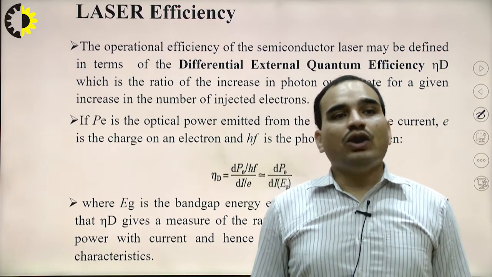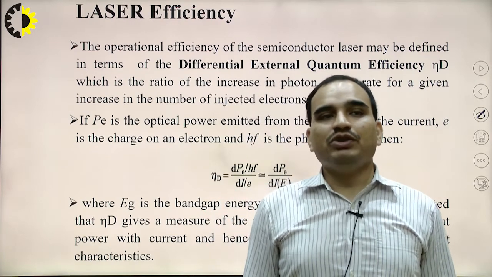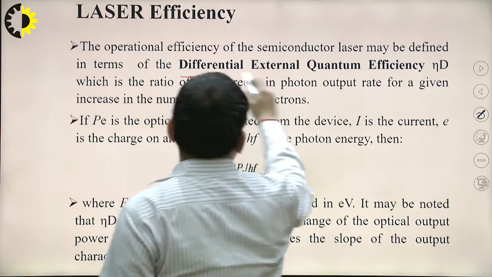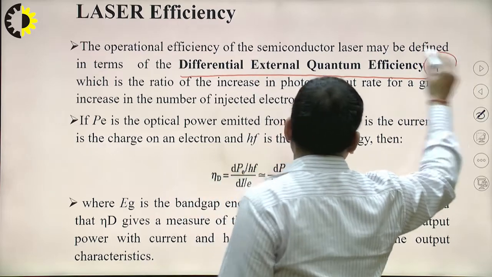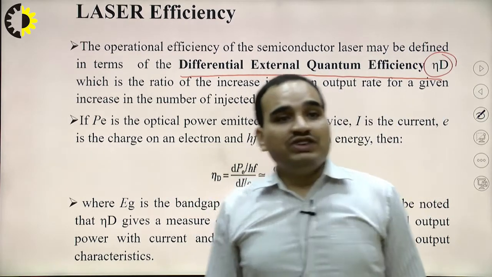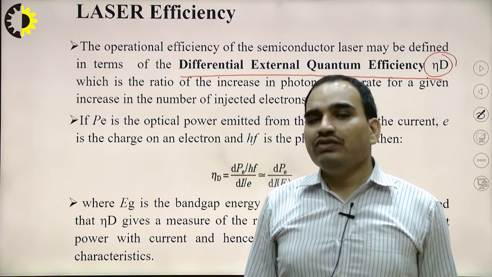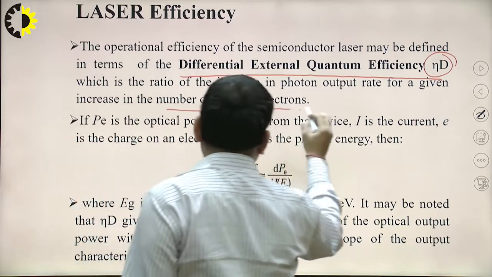So, the operational efficiency of the semiconductor laser may be defined in terms of the differential external quantum efficiency, given by eta d, which is the ratio of the increase in photon output rate for a given increase in the number of injected electrons.